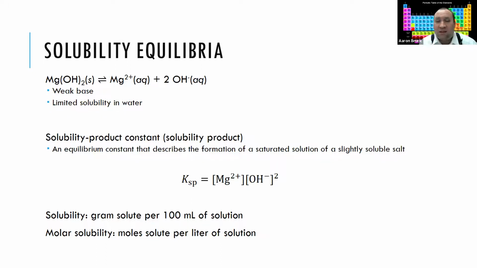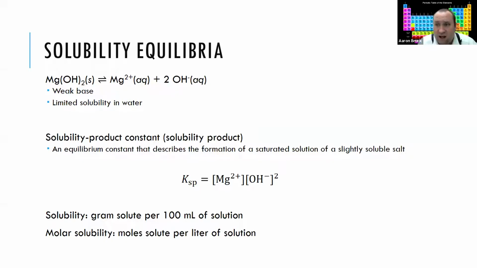But the thing is, even the things that have saturation limits that are low still dissolve to some amount. It may not be in a very appreciable amount, but it does dissolve at least in some way. And we can quantify that solubility using KSP, the solubility product constant. So I give you an example here on this slide about magnesium hydroxide.